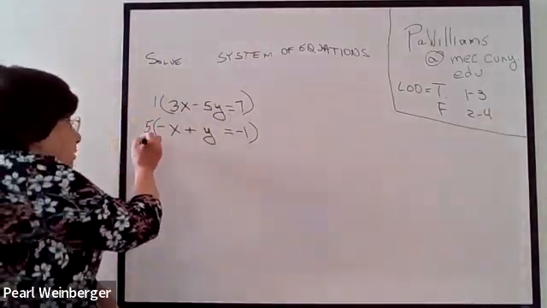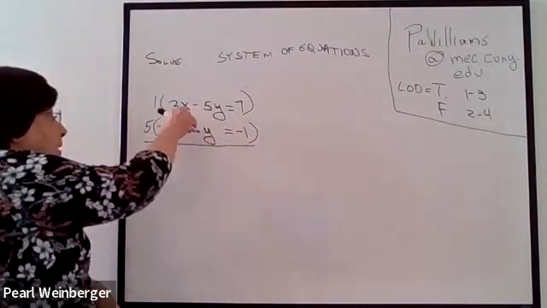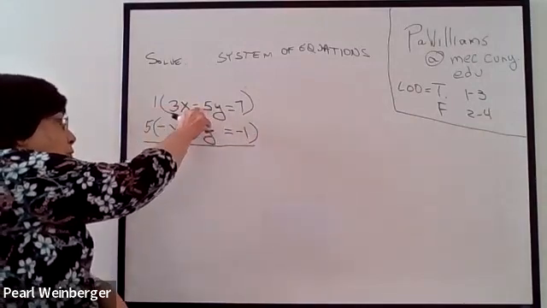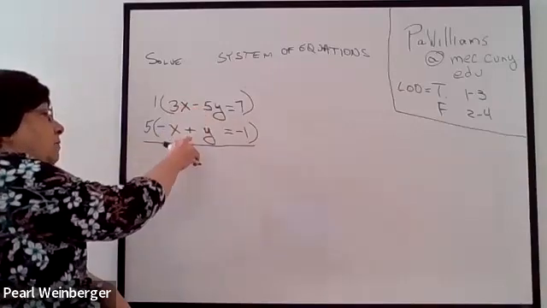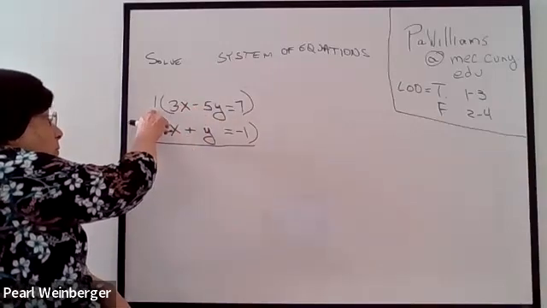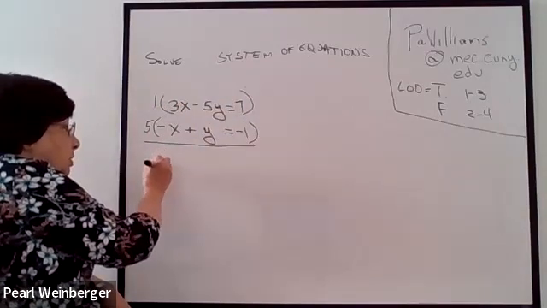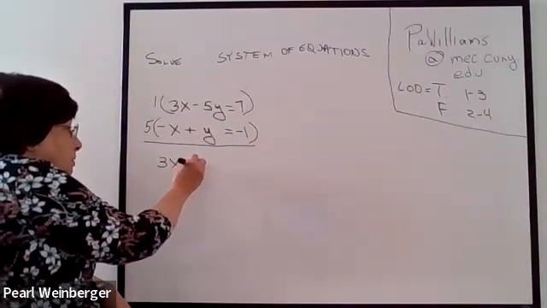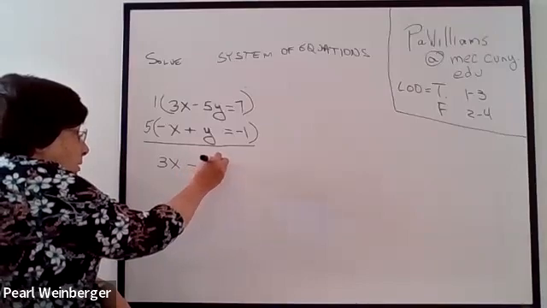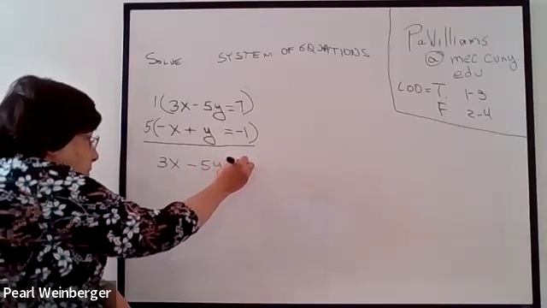In this case, I don't have to use the minus because I already have this one being negative and this one being positive. Well, if I multiply the first equation by 1, essentially I'm not changing it. It stays 3x minus 5y equals 7.